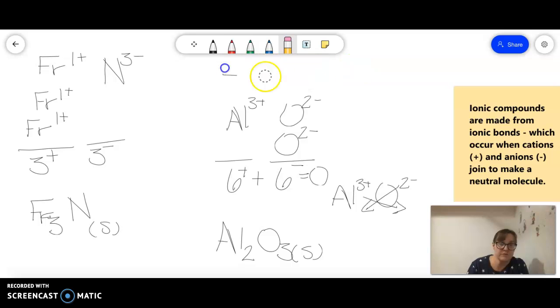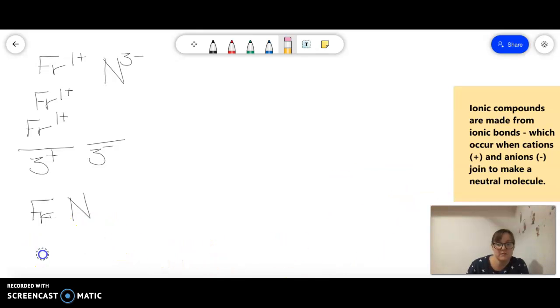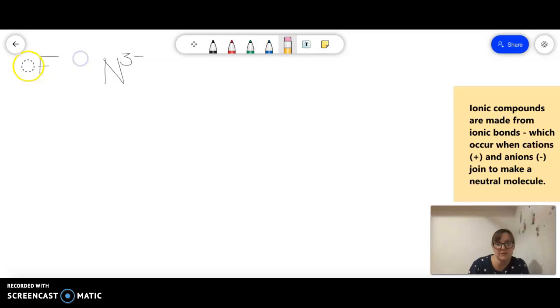Let me show you the exceptions. If you use this crossover method, you will get 80% of all the ones in grade 9, maybe closer to 90% of all of the compounds correct just using that. The exceptions are going to be these ones.